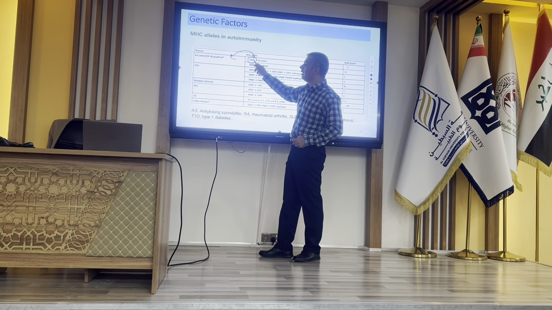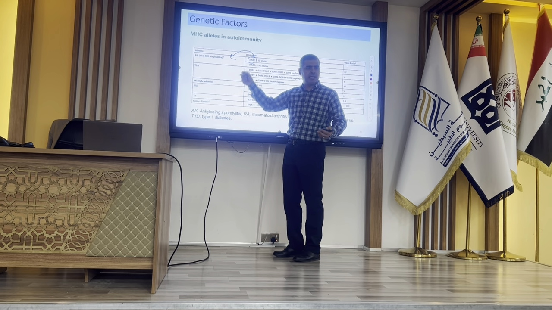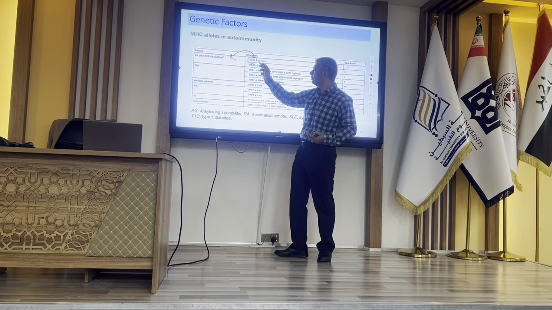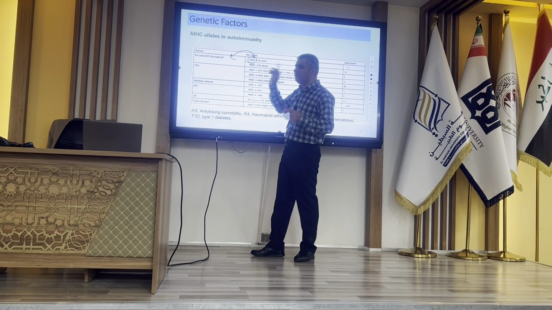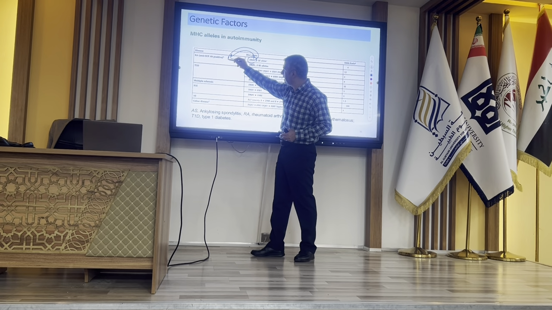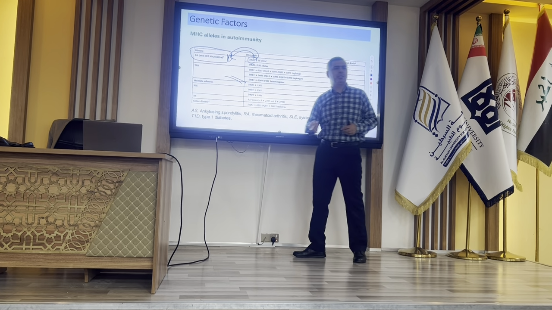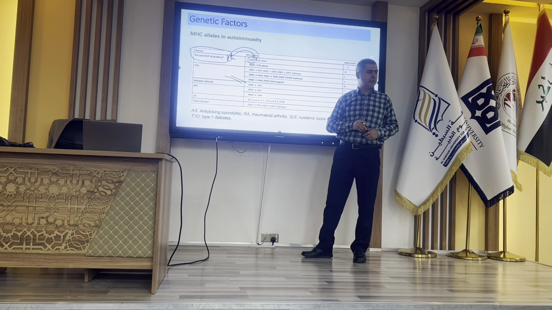For example, DRB1 is HLA class 2, one allele of HLA class 2. It means that if a person has this allele, they have a higher risk of having rheumatoid arthritis.